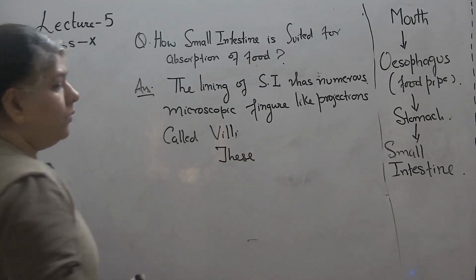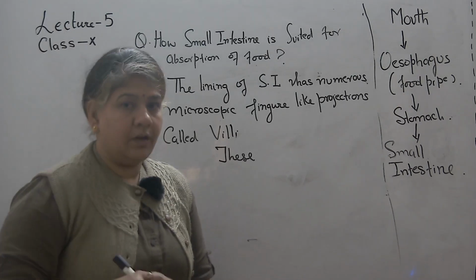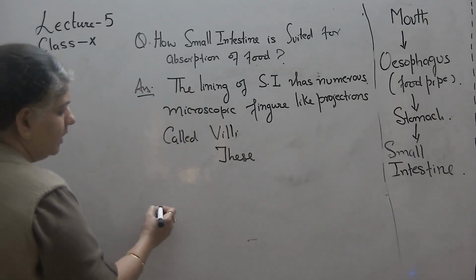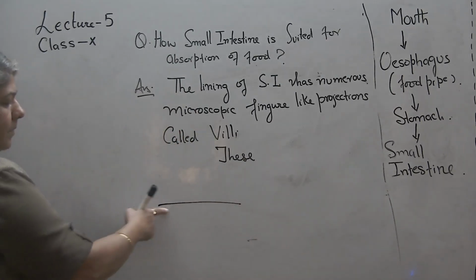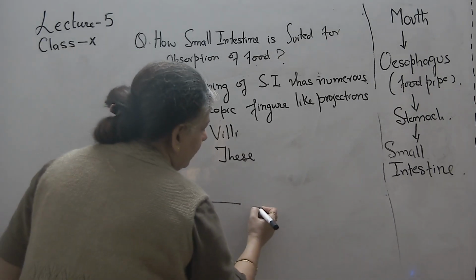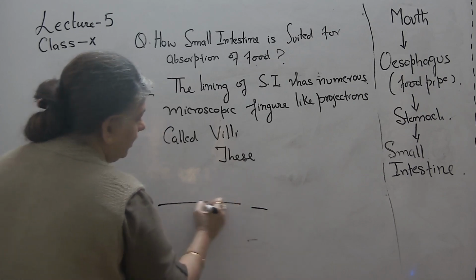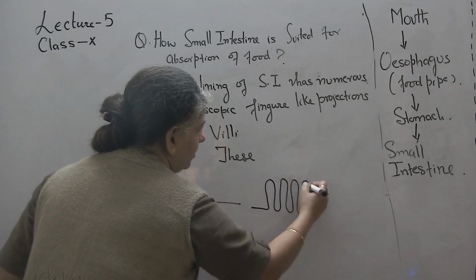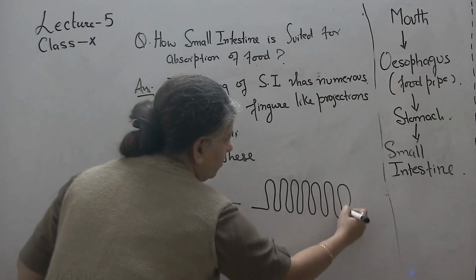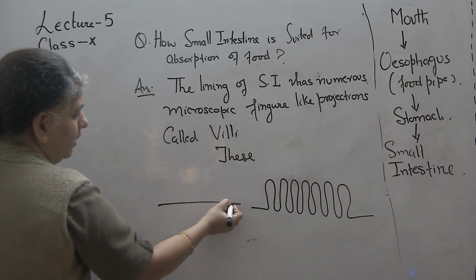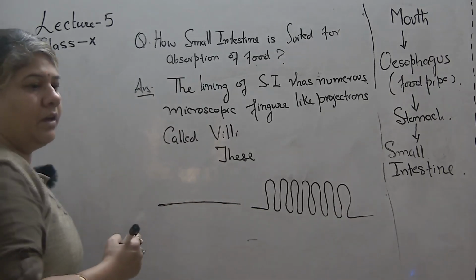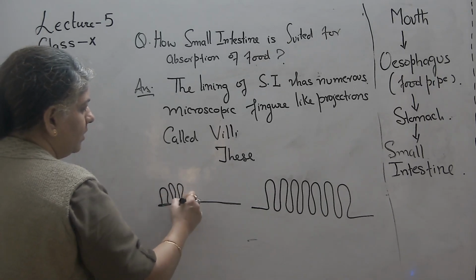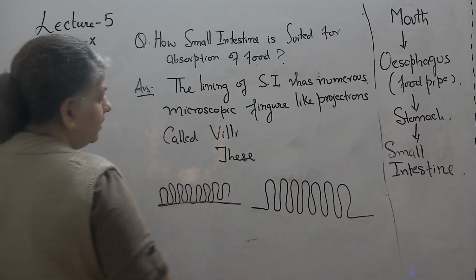How are these helpful? Firstly, these finger-like projections increase the surface area. So this could be understood as the surface of the small intestine, and now this surface is not straight. It has these finger-like projections. So the more the number of folds, the more is the surface area. So in this much space we can still increase the surface area by making it folded.